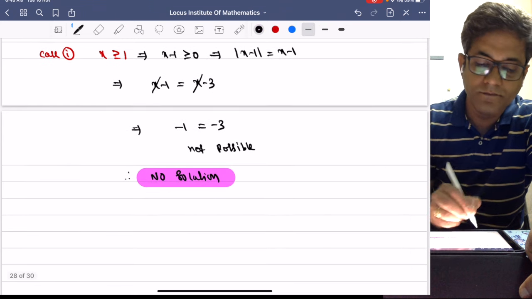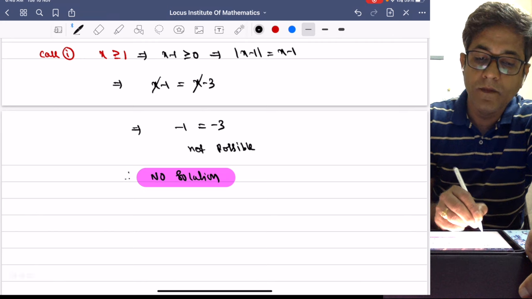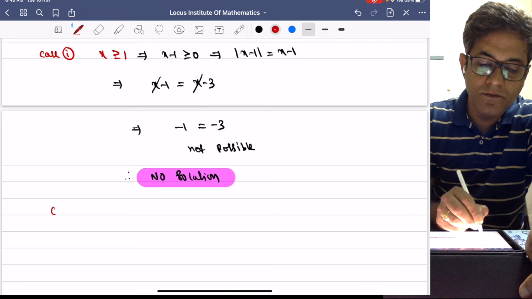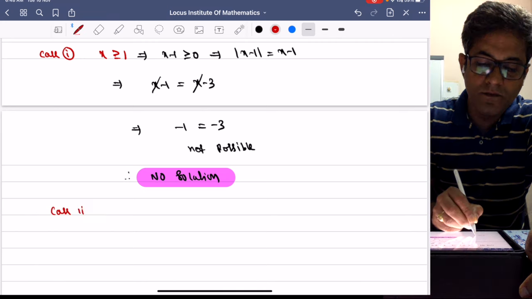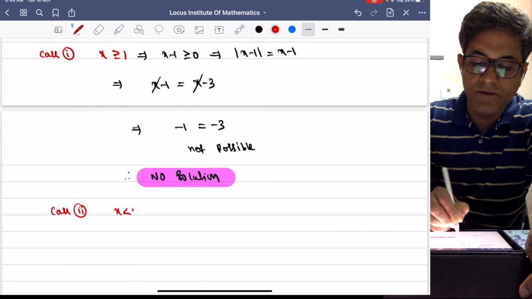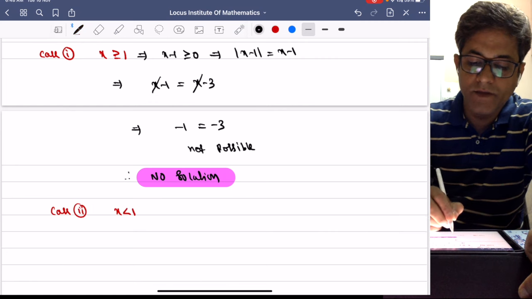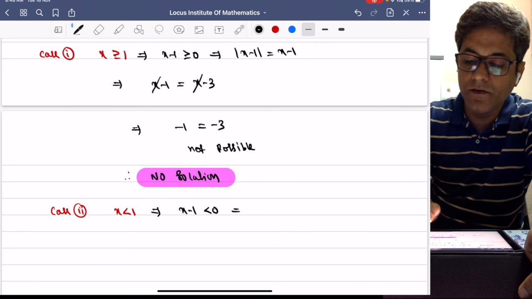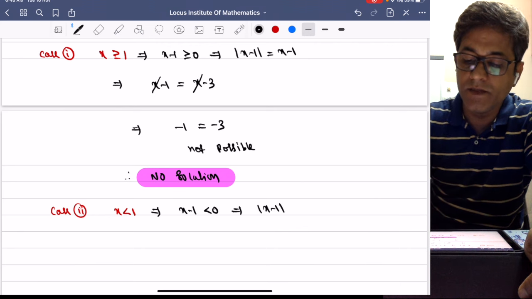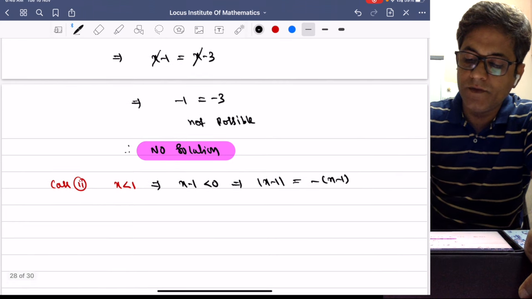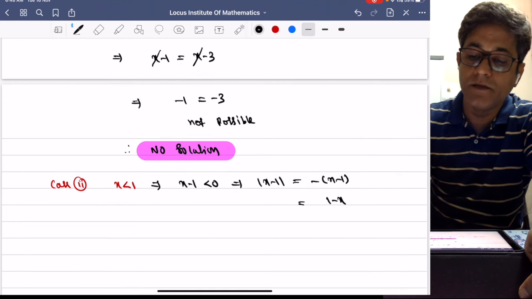Next, case 2, x is less than 1. So if x is less than 1, then x minus 1 is less than 0. That implies mod x minus 1 is equal to minus of x minus 1, which equals 1 minus x.